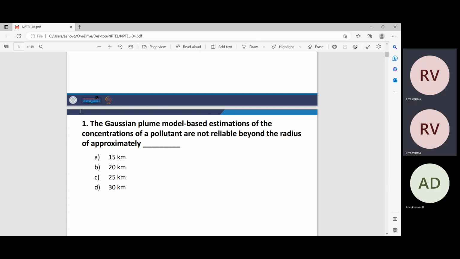Okay, so the options are option A 15 kilometers, option B 20 kilometers, option C 25, and option D 30 kilometers.